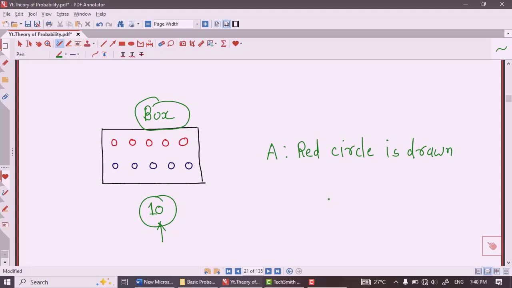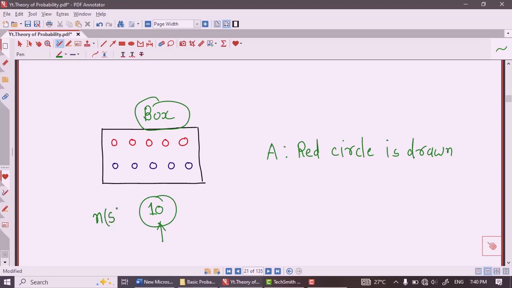That means the total number of elements in the sample space for this experiment is 10, and the probability of A is the number of elements for event A over the number of elements in the sample space.